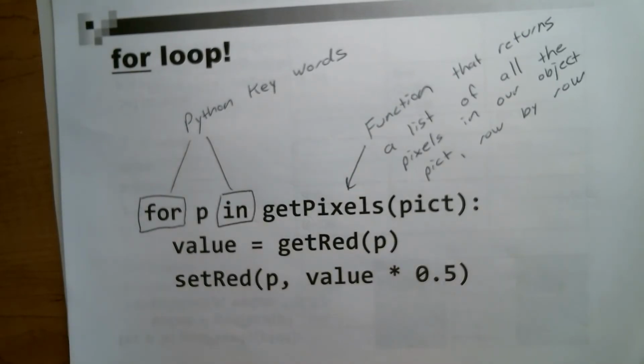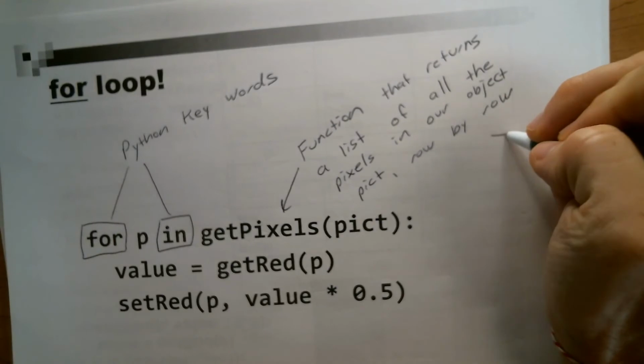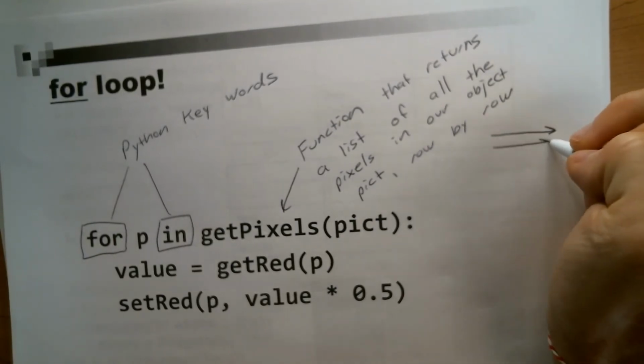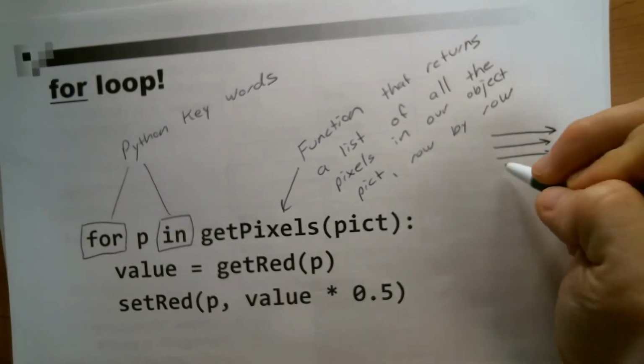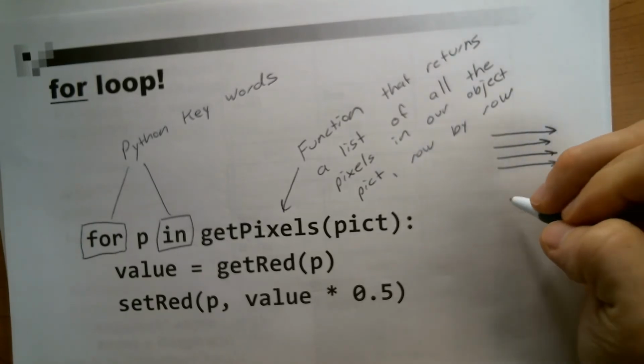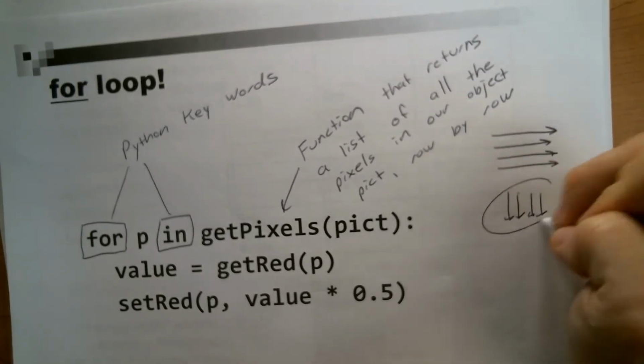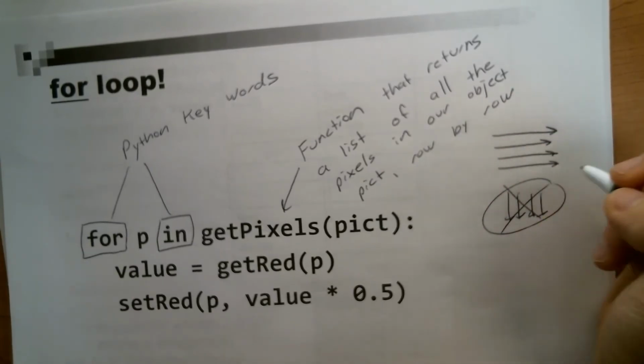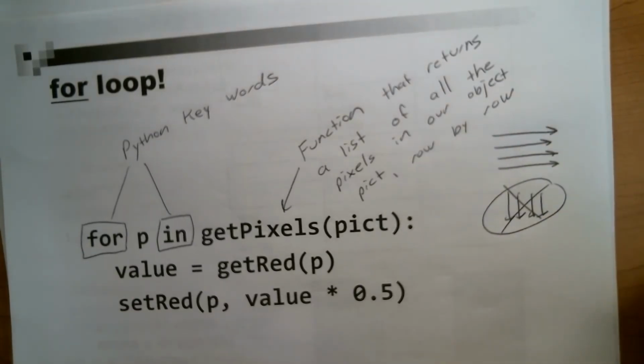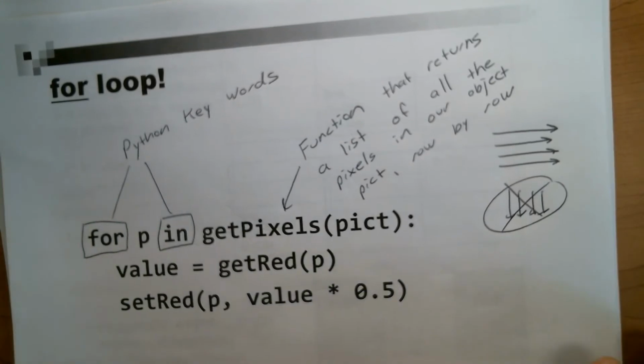It goes across the rows, down to the next one, across the row, down to the next one. So basically it goes this way when making the list, not this way. All right, it goes across when making the list, but it's just a list of all of the pixels.